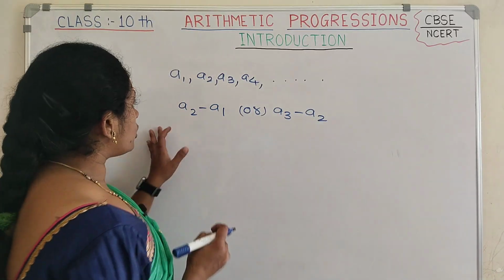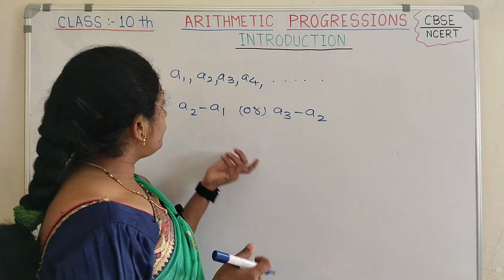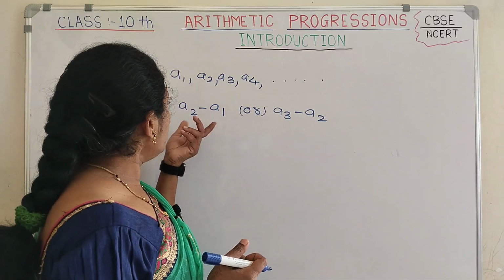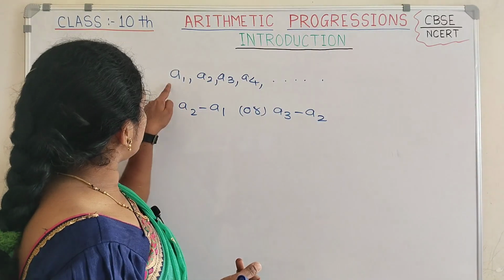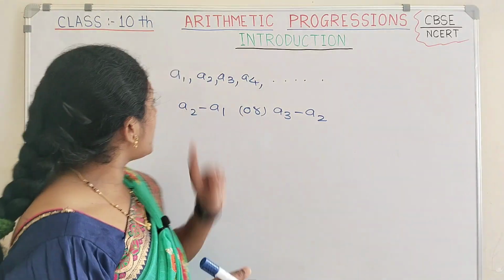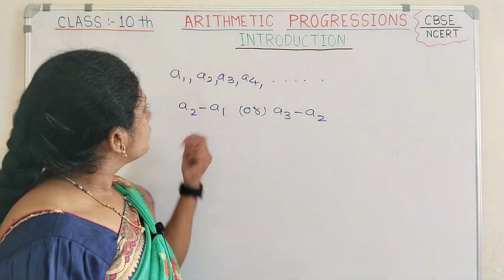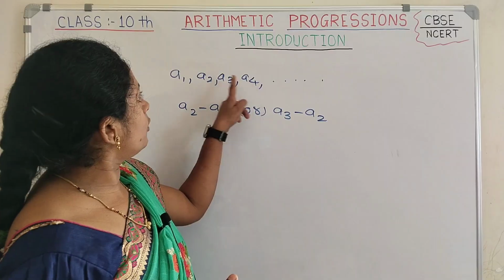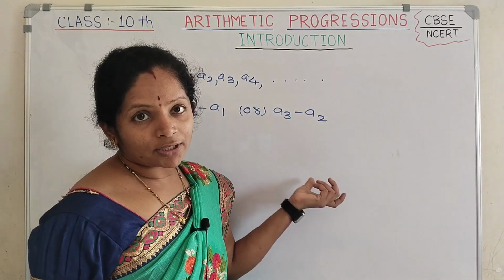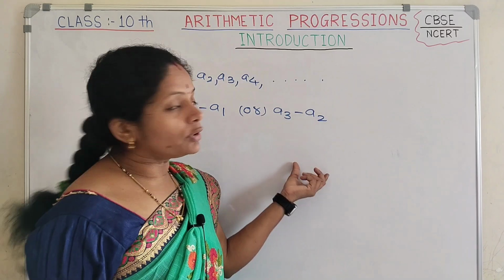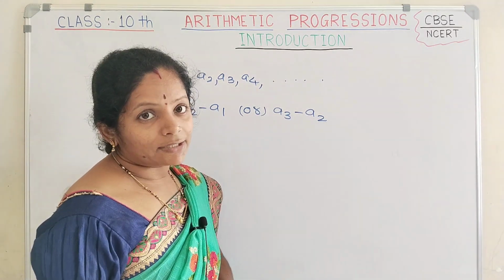We have to take the difference of consecutive numbers to get the common difference. Can we do A1 minus A2? No, my dears. We have to do A2 minus A1, A3 minus A2, A4 minus A3. In this way, if we take the difference of two consecutive numbers, we can get the common difference.